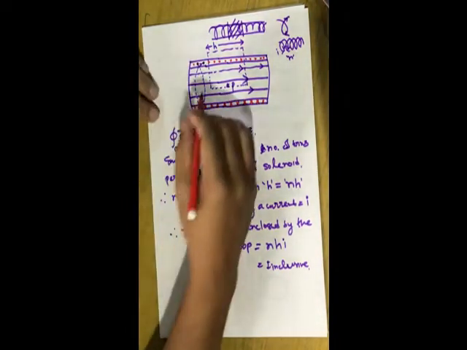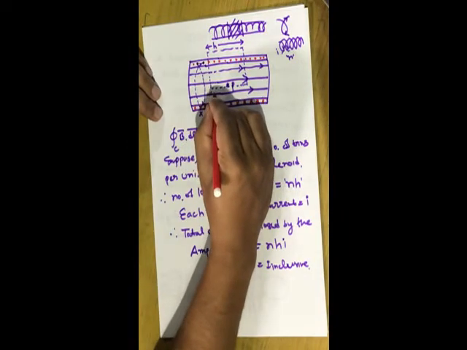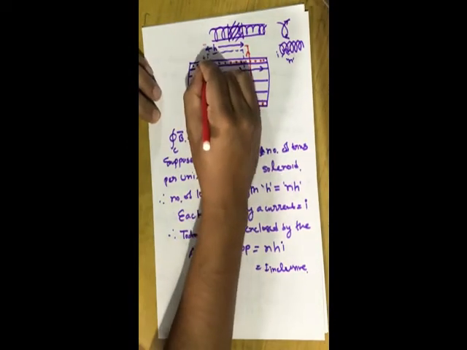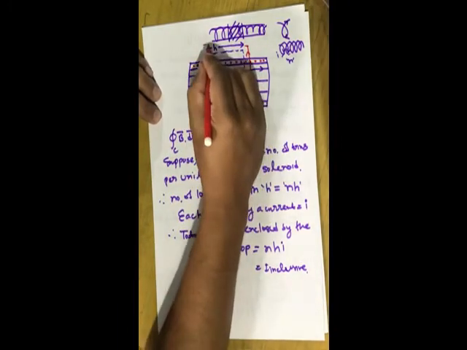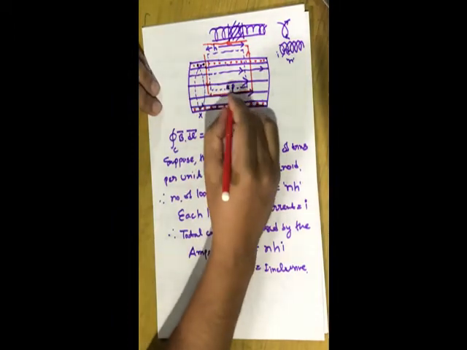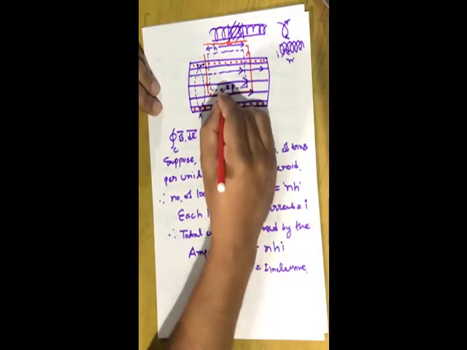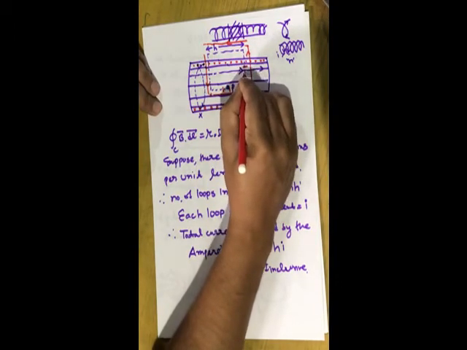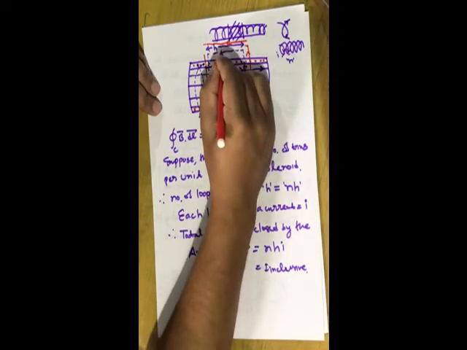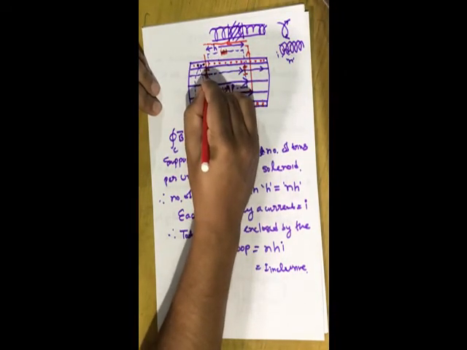So first we start from here to here, then here, then this part, and then again this part. In this direction the length element is dl along this direction. Here the length element is along this direction, and here the length element is along this direction.